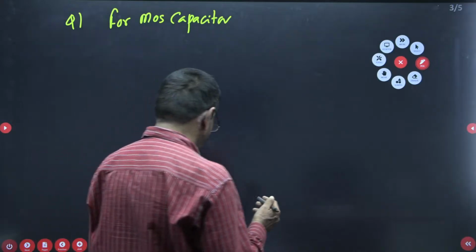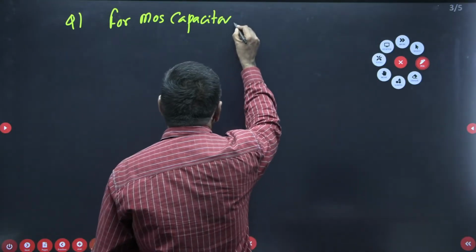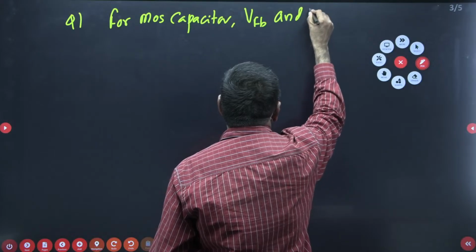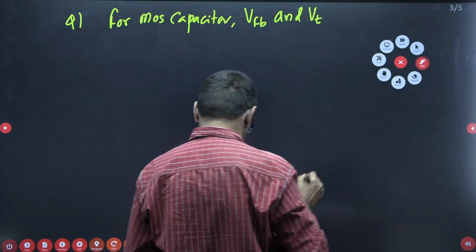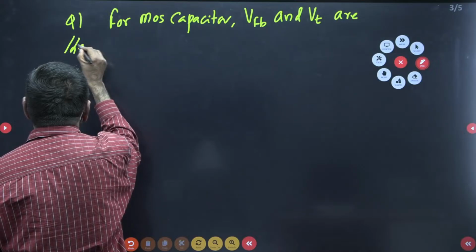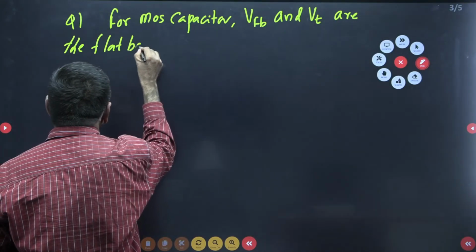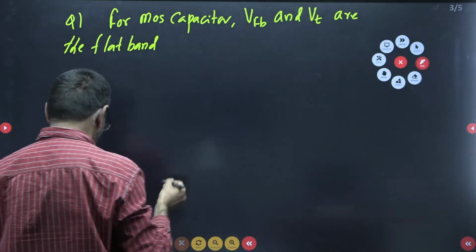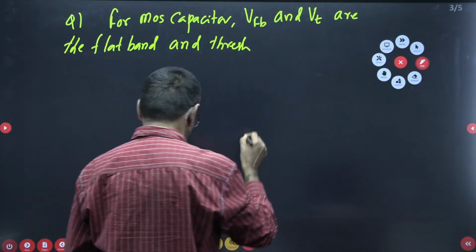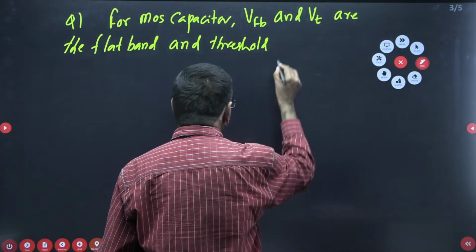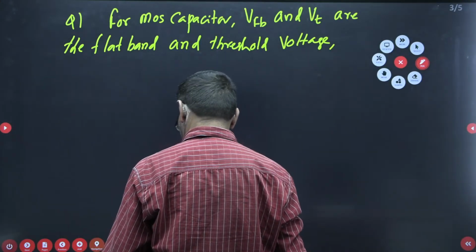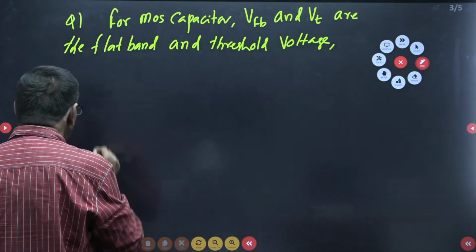Next question. For a MOS capacitor, VFB and VT are the flat band voltage and threshold voltage respectively.